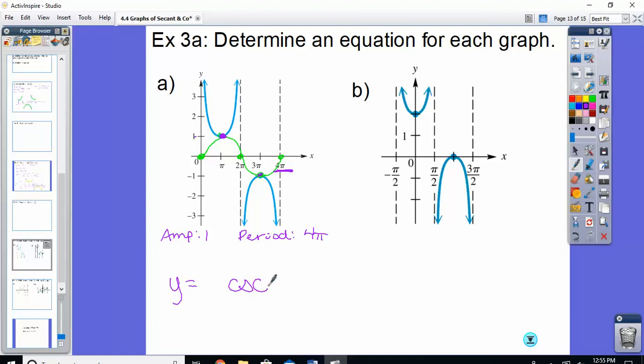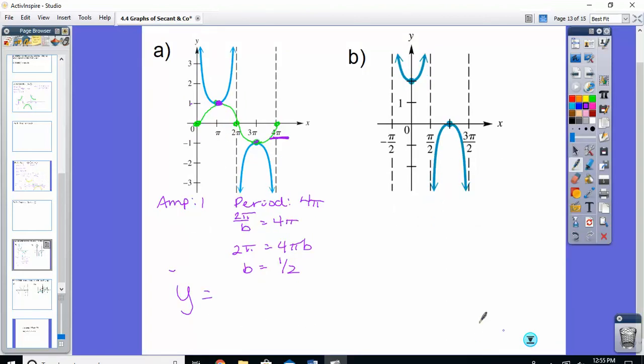Okay, so we know you get your period by doing 2 pi divided by the number in front of x, and that had to equal 4 pi. So if I multiply over my b, divide by 4 pi, my b is 1/2. So this is y equals cosecant of 1/2 x.